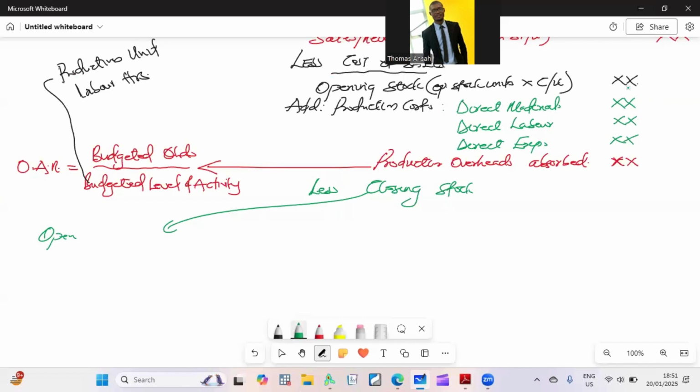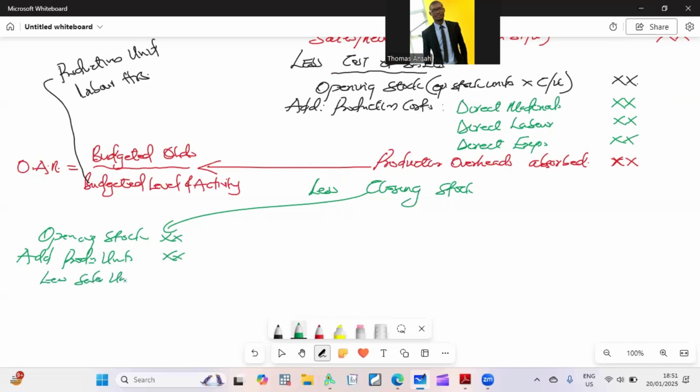You add your production units, then you less the sales units.